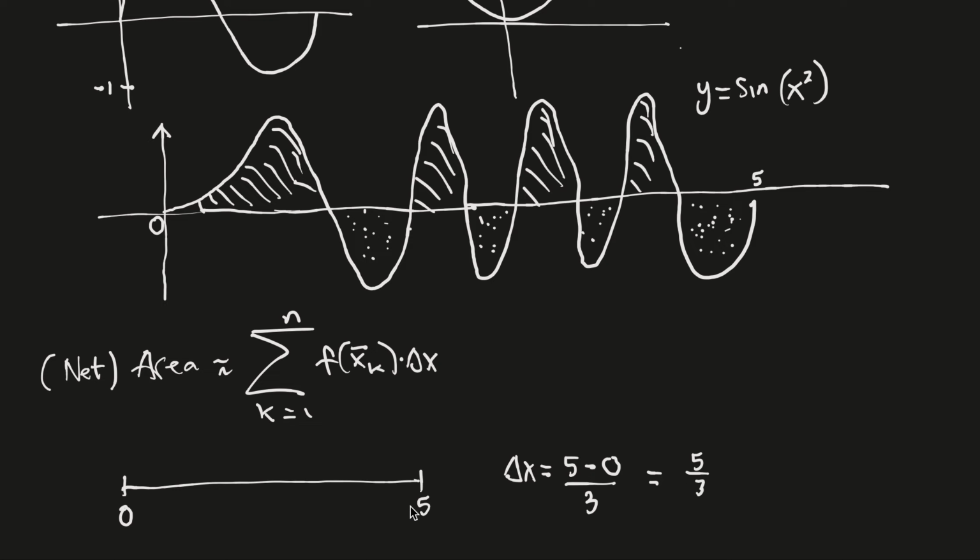So what I'm going to do is just mark off the subintervals now as essentially multiples of 5/3, right? So first you'd go from 0 to 5/3. That will be the first subinterval. And then if I add another 5/3, so make it 10/3, right?